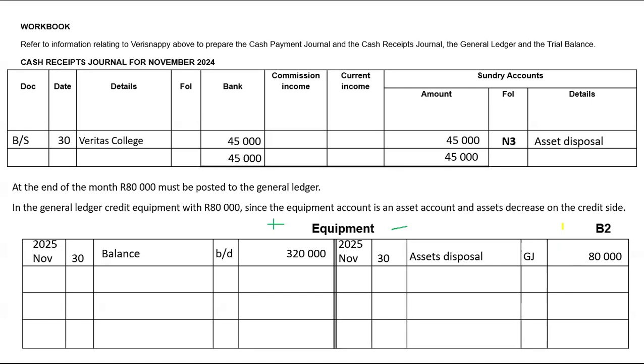Remember this laptop that we're selling, we paid 80,000 for it. So that's why equipment account will only decrease by the cost price of the laptop that was sold. We had 4 laptops. So if we get rid of one, we are left with 3. So the cost of the remaining 3 will be 240,000.